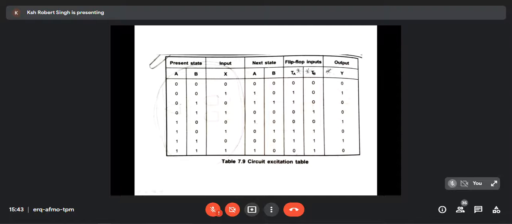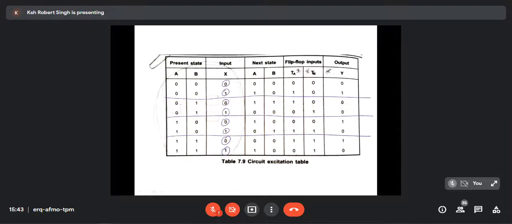Now they are writing in a different way. Input X is equal to 0 and 1. This is what I want you people to follow. This is easy, no confusion. X is the input when it is 0, when it is 1, when it is 0, when it is 1.